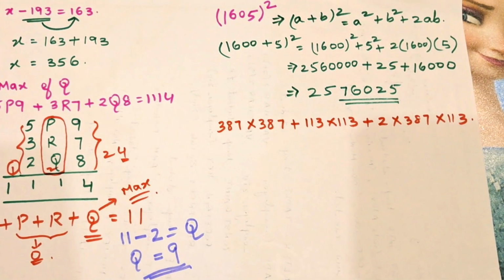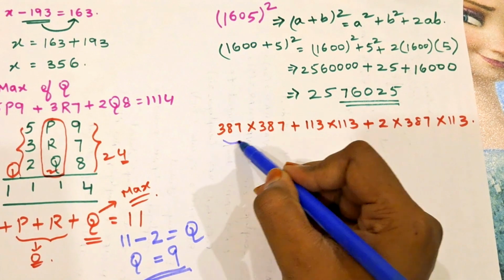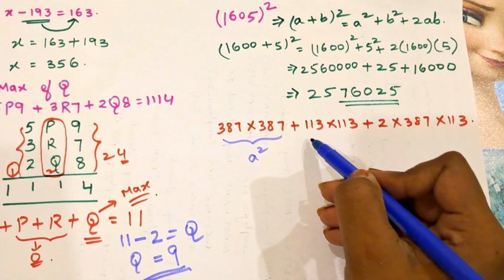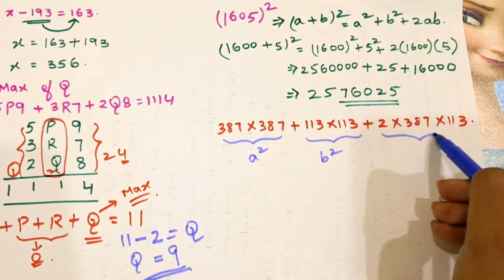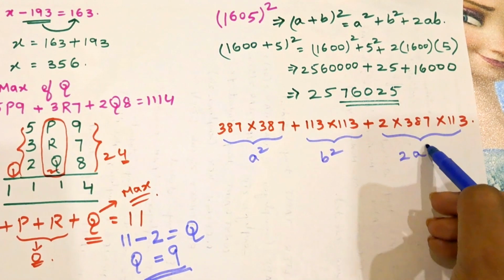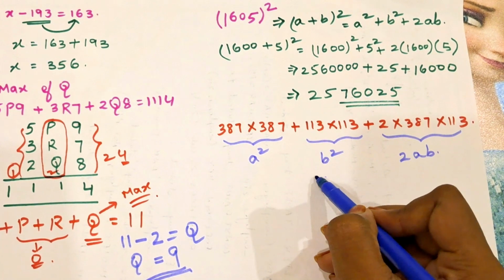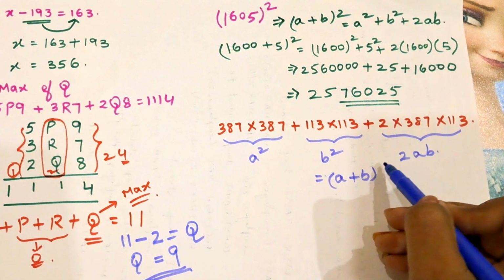This may look a bit complicated, but we can solve it easily by using the equations that we have learned before. If you observe it carefully, we can see the question is in the form of a square plus b square plus 2ab. Here, a is 387 and b is 113. So the answer for a square plus b square plus 2ab is a plus b whole square.